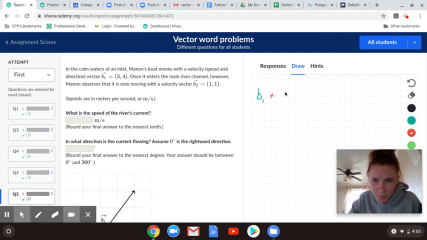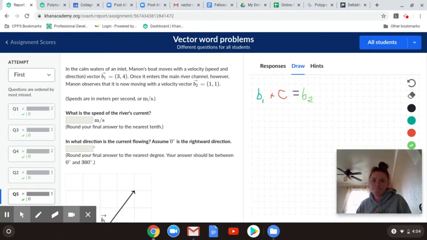I'm going to call that vector C. I'm not putting arrows on it because it's hard enough to draw letters. B1 plus C equals our B sub 2. So we want to get this current by itself because it's asking us about the current. It's asking about the speed, and it's asking for the direction of the current.